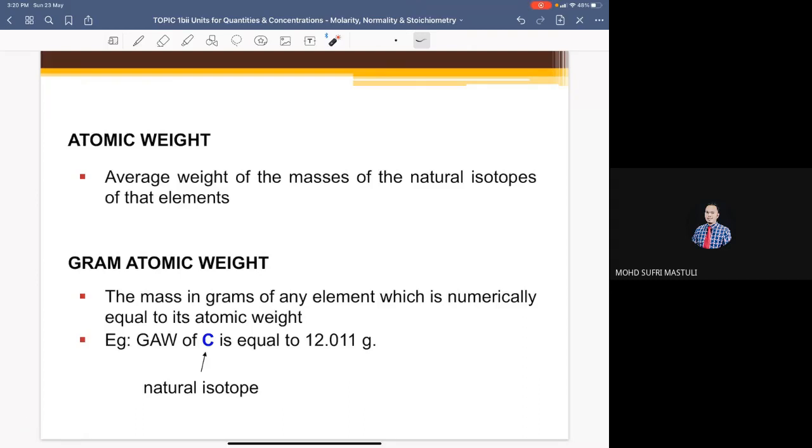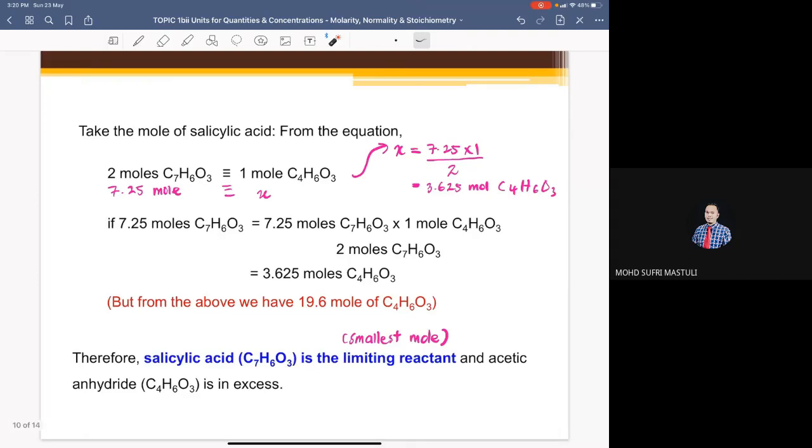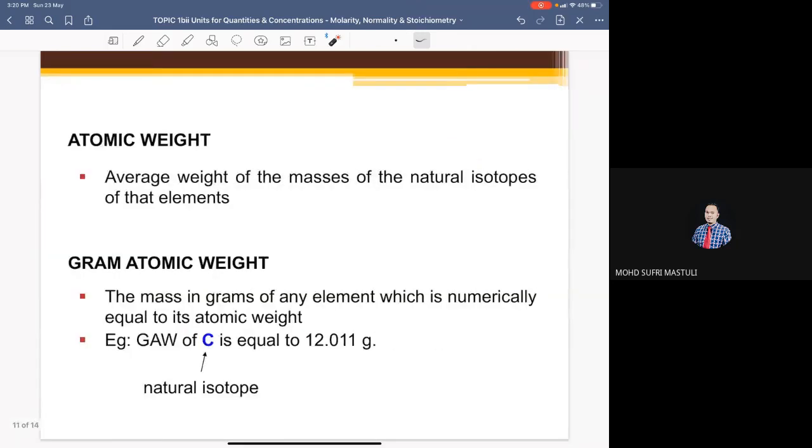All right, we are done with the stoichiometry, focusing on the limiting reactant. Now we're moving forward to atomic weight. Atomic weight is the average weight of the masses of the natural isotopes of the element. Normally, you can obtain atomic weight from the periodic table. Gram atomic weight is the mass in gram of any element which is numerically equal to its atomic weight.